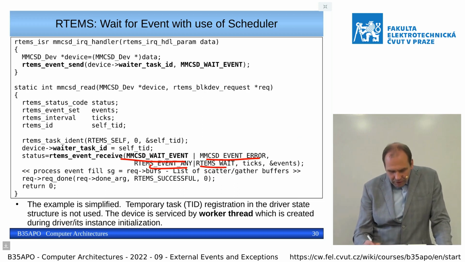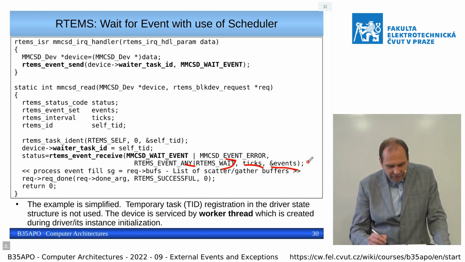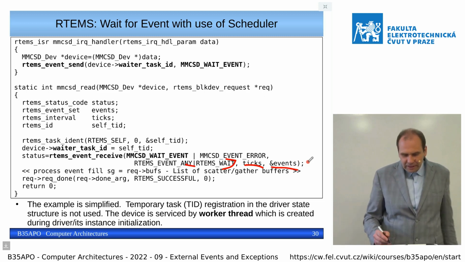So it can be an MSD wait event, so standard or error, those situations, and we wait till one of them is available, for some number of ticks, and we want to know which event has happened.